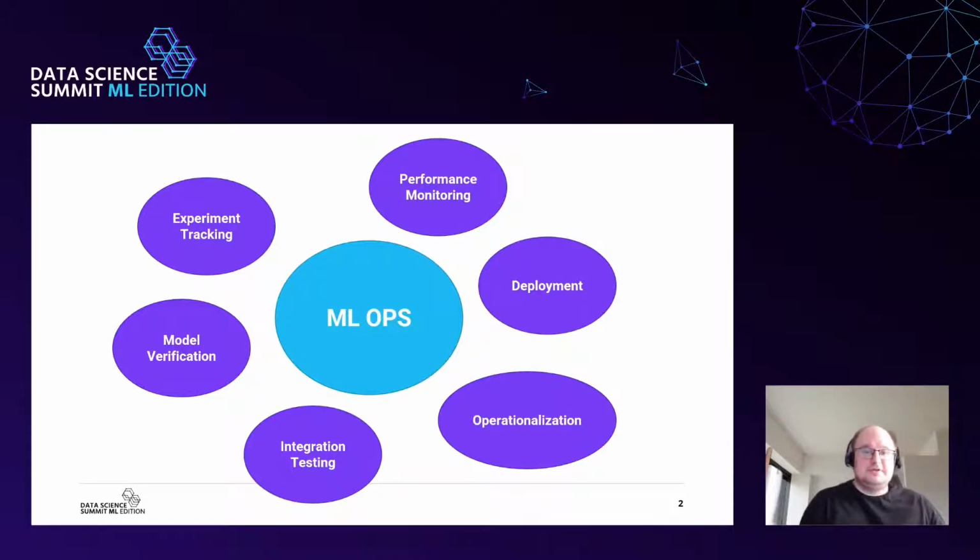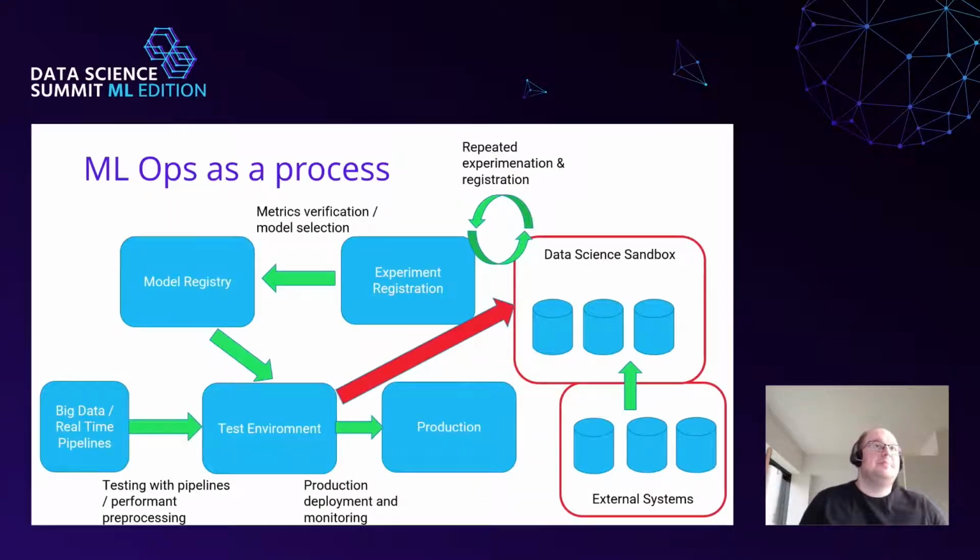Yep, and of course, those are just keywords, right? But they don't happen in vain. They usually happen as a sort of process, and that's how the demonstration will look. In real life, that process usually begins in some sort of sandbox for data scientists, where we get some data from maybe our production, maybe only from some external systems, right?